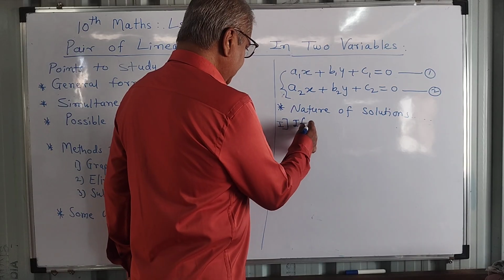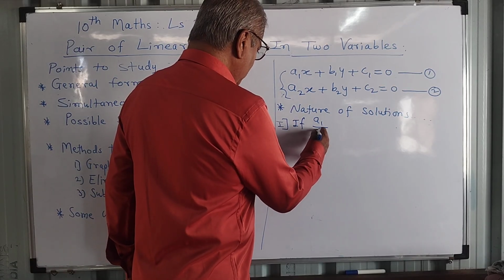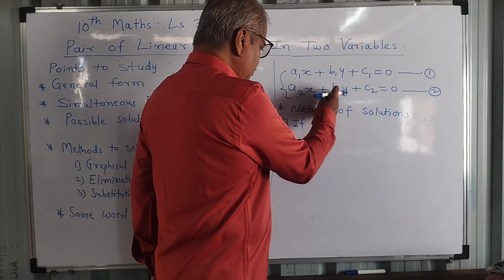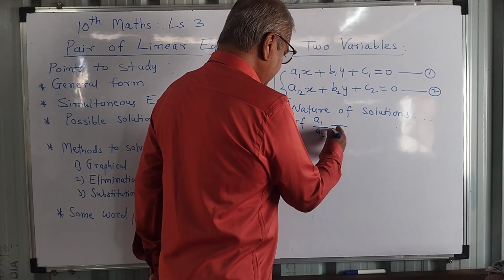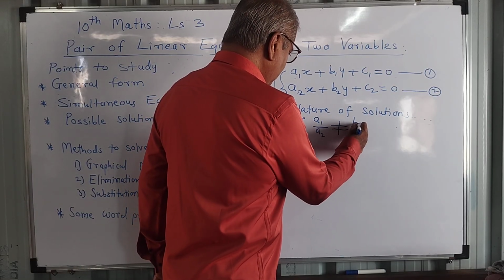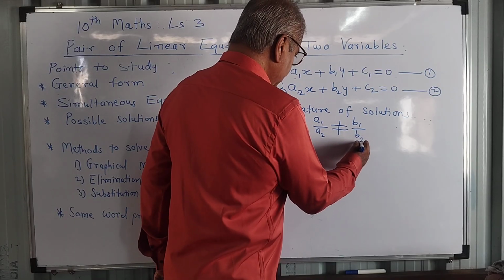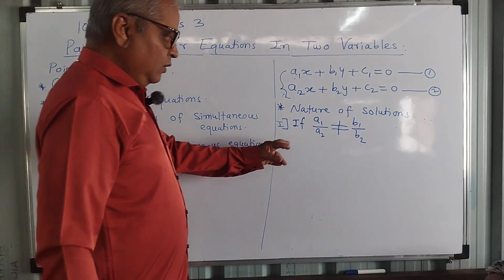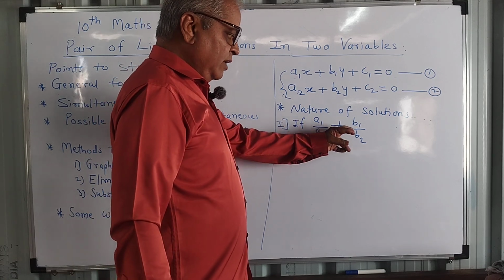So first condition is, if the ratio a1 upon a2, हा रेशो a1 आणि a2 चा रेशो b1 आणि b2 च्या रेशो एवढा नसेल, is not equals to b1 upon b2, then don't look at c1 and c2, only look at a1 upon a2 and b1 upon b2.